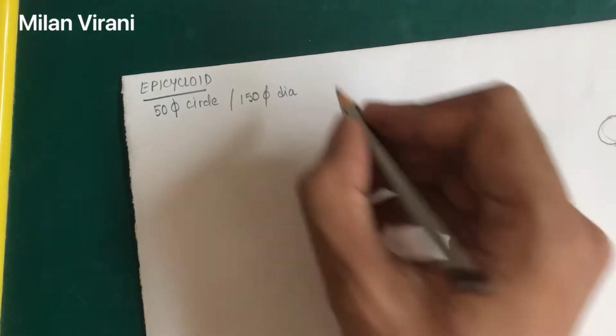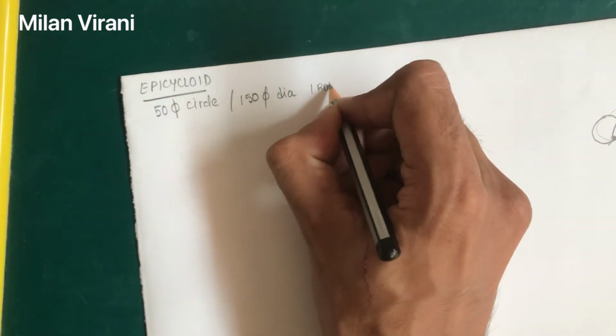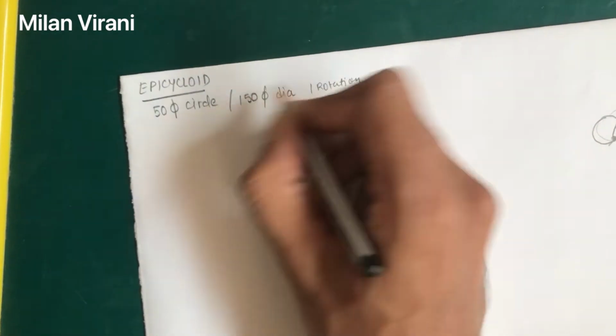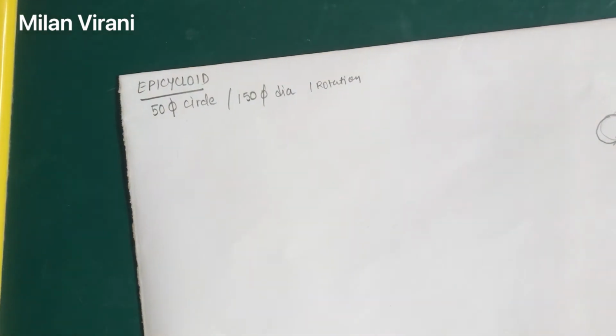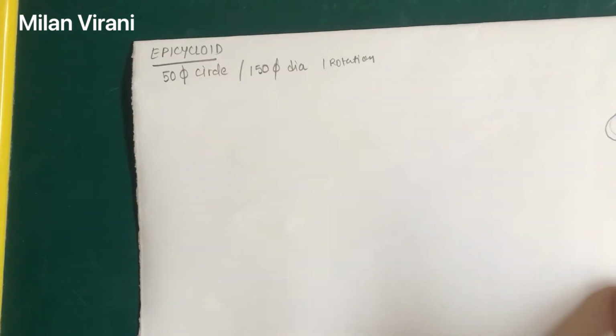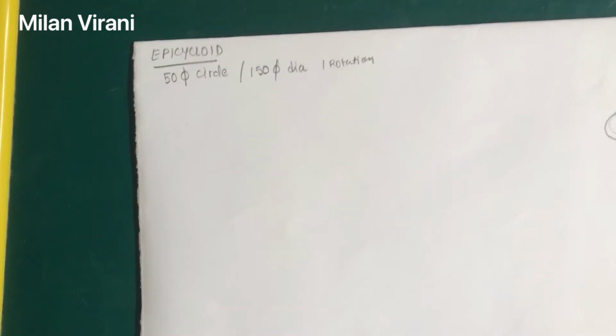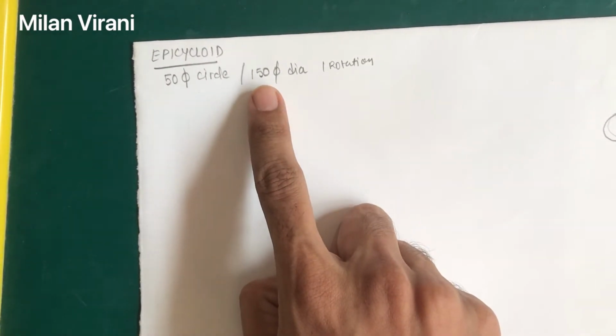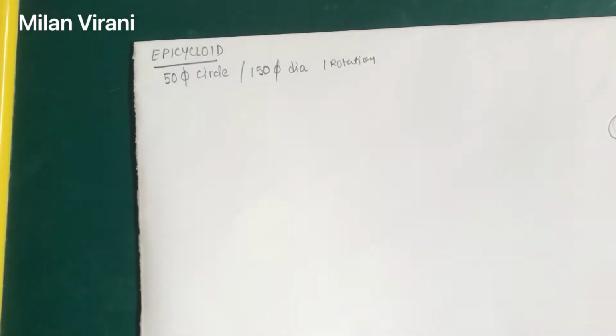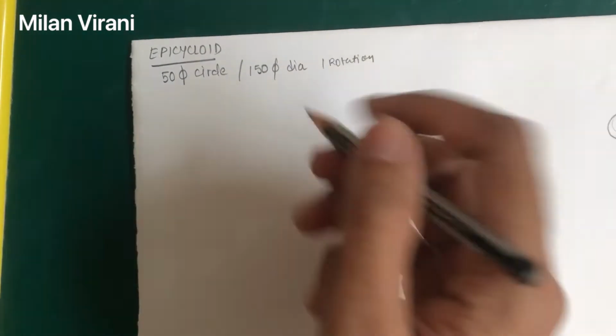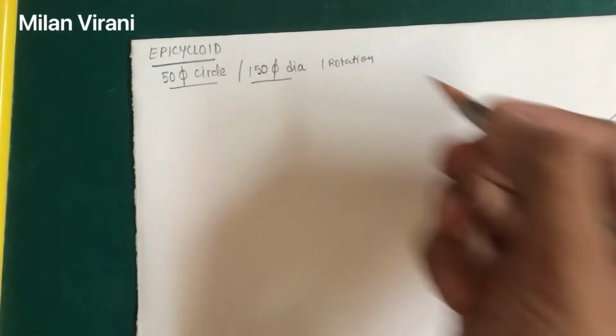It rotates with one complete rotation, and that will give the epicycloid. Now the procedure for the epicycloid. First we will draw one arbitrary line with the length of the radii of these two circles.